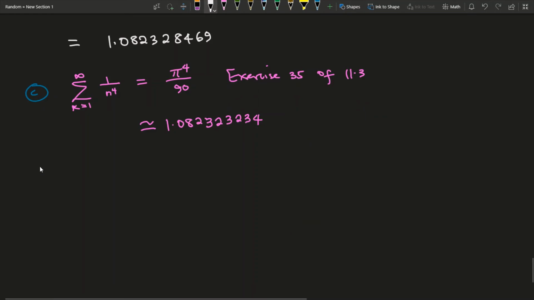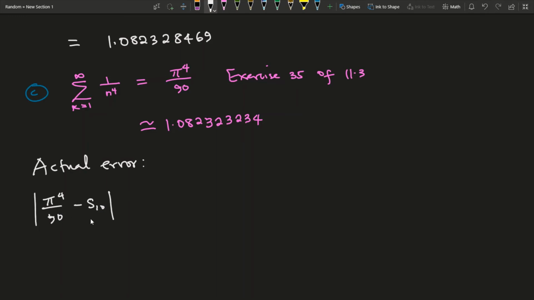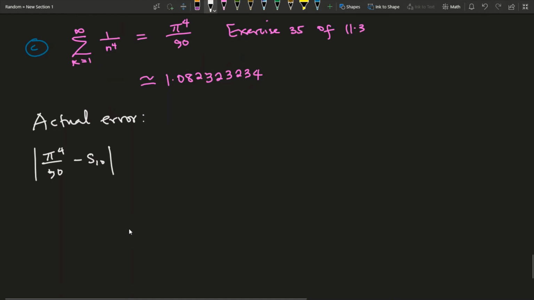So let me say the actual error when you use the first 10 terms is going to be, let's say, pi to the 4th over 90 minus S10. Just put absolute value so that you know it's the difference you're dealing with.